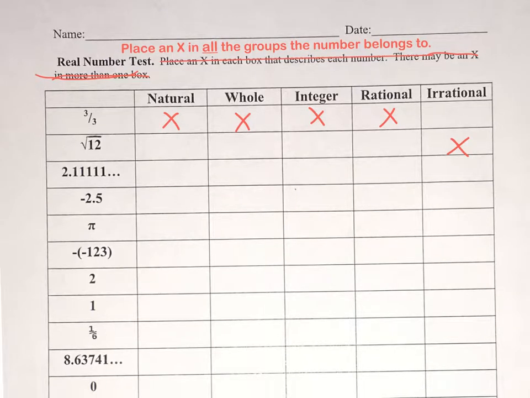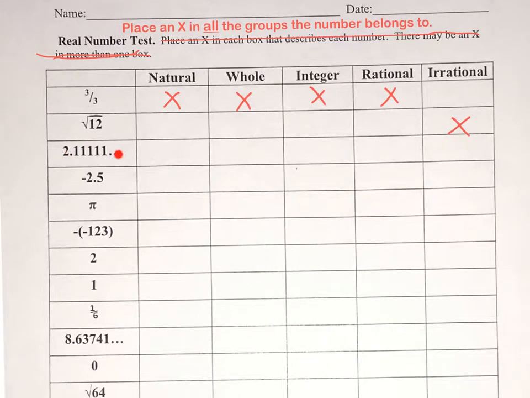Now, I do want to talk about this guy, the 2.11111, because a lot of people think, oh, that means that it continues forever, and it does. So a lot of people make the mistake of thinking that that's irrational, but the truth is it's repeating, right? The 0.1 is repeating. So in order for it to be irrational, it has to be non-repeating, no pattern.